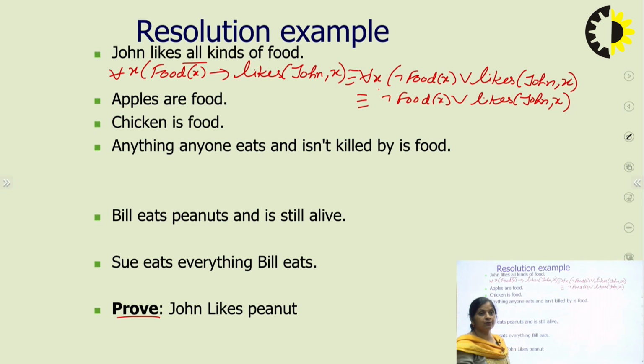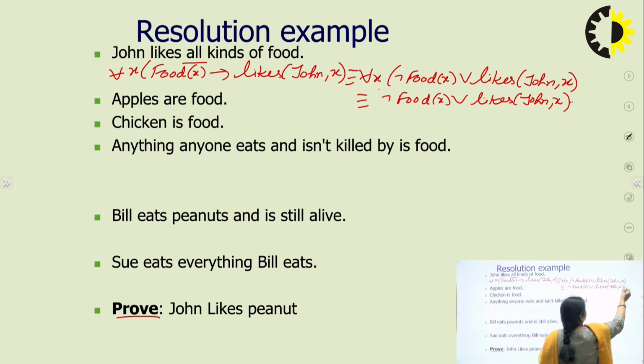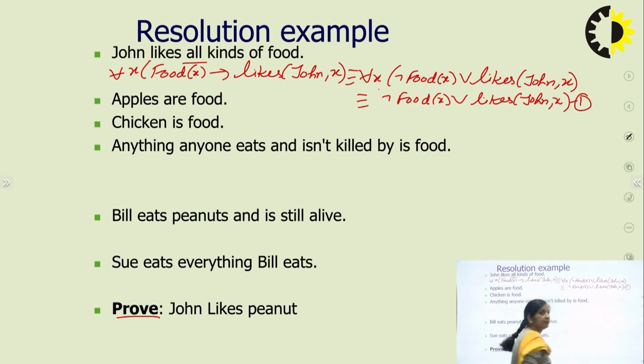So it is the clause form required. The other steps are regarding removal of conjunction, but that is not required here because we do not have any conjunction. So this is our first clause. Let me write it as 1. What is my first clause? Not of food X or John likes X.